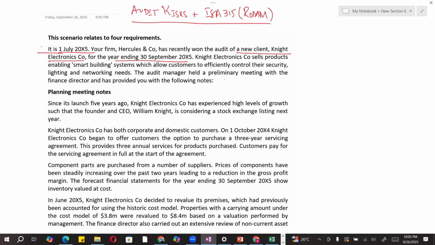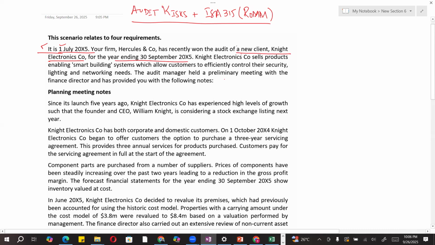Year ending means that the year is yet to end, and that is also evident from the current date, which is 1st July, which is before 30th September. You could have been told for the year ended 30th September 2x5, but in that case, this date would be sometime after the year.